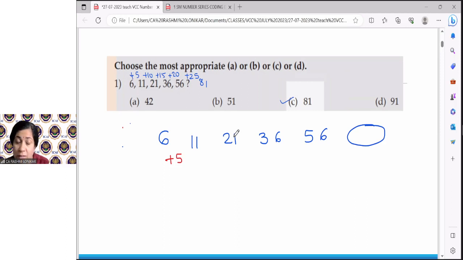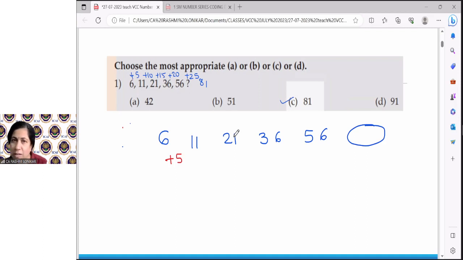Also, a very important hint I would like to give you is to see how gradually things are going. In this case it is 6, 11, 21, 36, so it's a gradual process. You can understand that it is increasing, so maybe there is a table involved. If the jumps are sudden, then there may be a multiplication or an exponential involved.